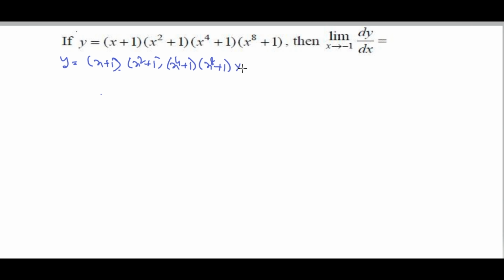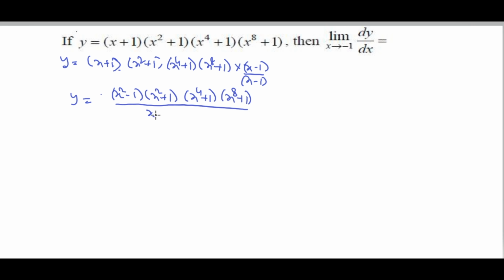Multiplying and dividing this equation by x minus 1, that is y is equal to, here is (x plus 1)(x minus 1), that is x square minus 1, into (x square plus 1)(x power 4 plus 1)(x to the power of 8 plus 1) by x minus 1.